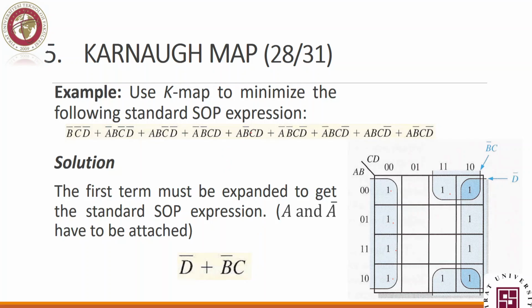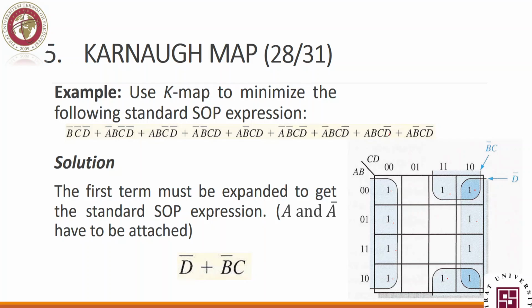Then we have A B bar C D, this one. Then we have A bar B bar C D bar, this one. Then we have A bar B C D bar, this one.